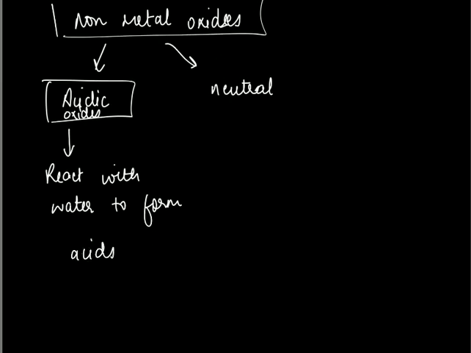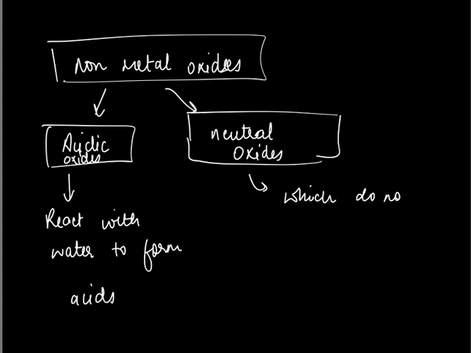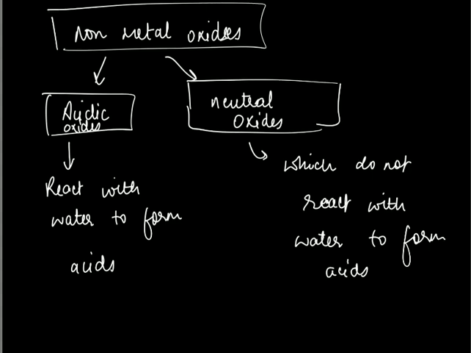That's why they are called acidic oxides. Now, what are neutral oxides? Neutral oxides are those which do not form acids, which do not react with water to form acids, and we don't have many.